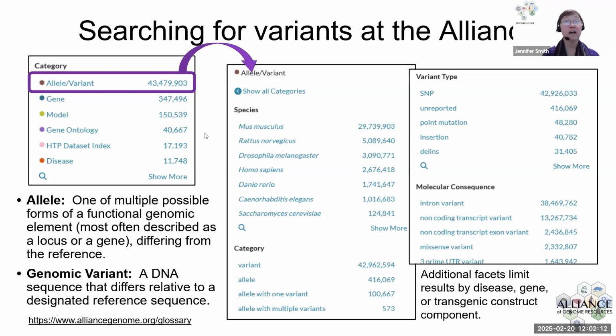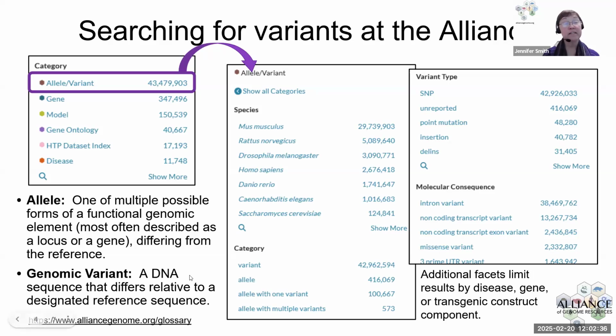But to start off with, I want to clarify what we mean when we use the terms allele and variant, just so that we're all on the same page when we're talking about this. So at the Alliance, an allele is one of multiple possible forms of a functional genomic element. So usually that is a locus or a gene that differs from the reference.